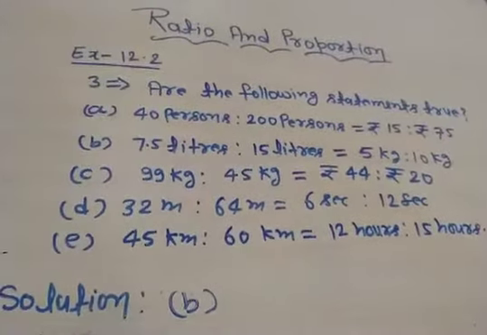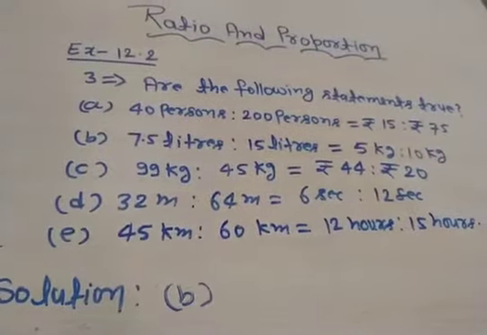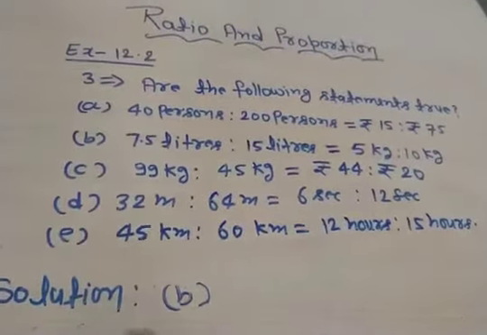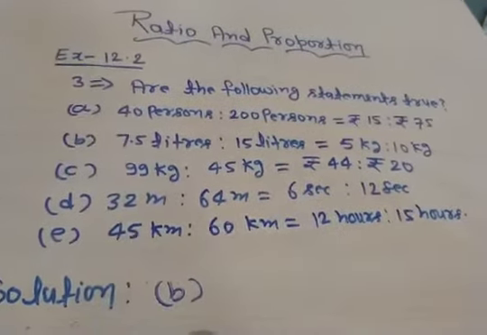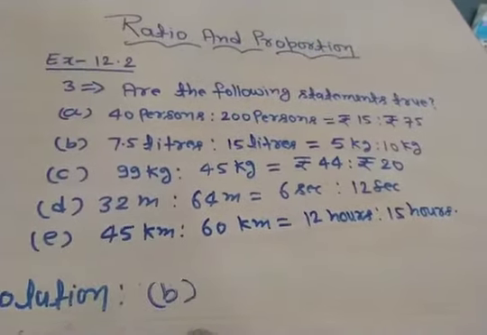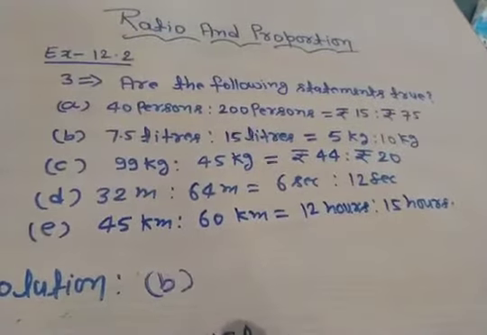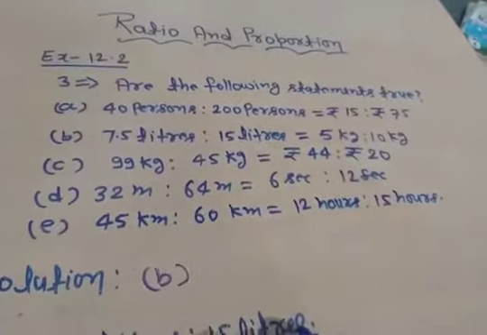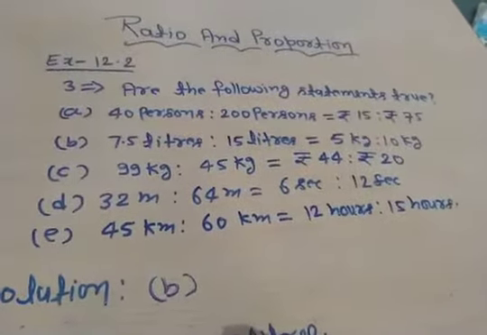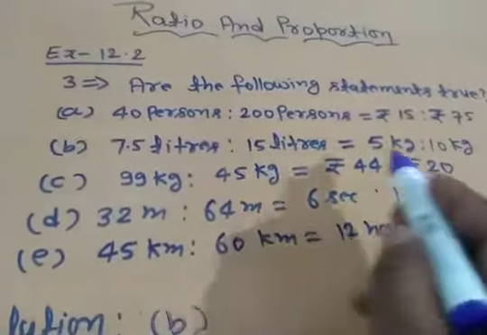So here we write 7.5 liters ratio 15 liters. Also, we first write the left hand side of the given question. You can see this is the question, this is the left hand side, and this is the right hand side.